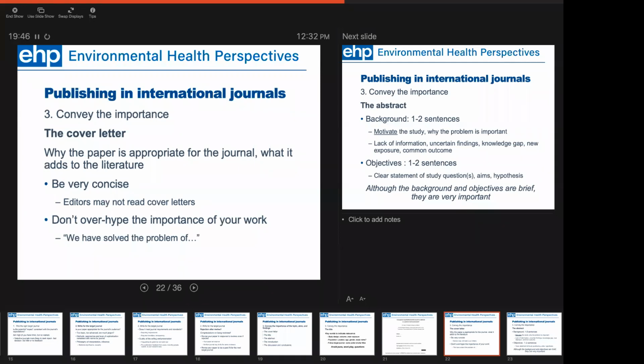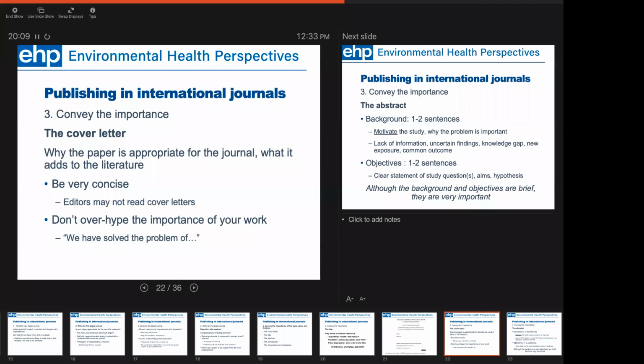What about the cover letter? So the cover letter is a good opportunity for you to explain to the editor why the paper is appropriate for their journal and what it adds to the literature. Now be careful, editors don't always read cover letters, so you can't rely on it. Some journals don't even provide you an opportunity to submit a cover letter.